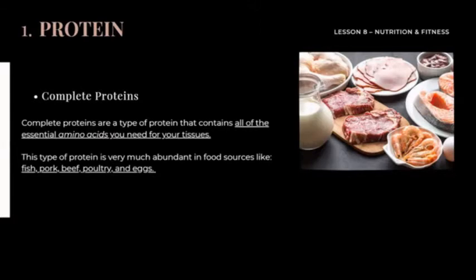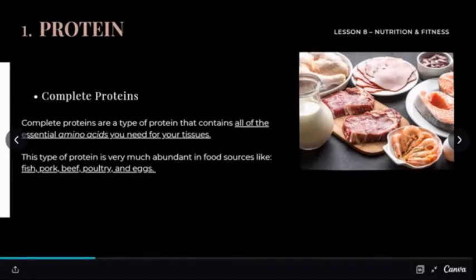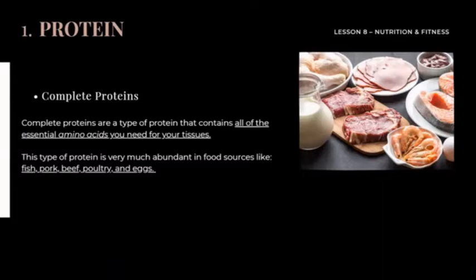So there are two types, or let's say two forms of protein. We have complete and incomplete protein. Complete proteins are a type of protein that contains all of the essential amino acids you need for your tissues. Again, amino acids help you to repair or to heal your damaged tissues.